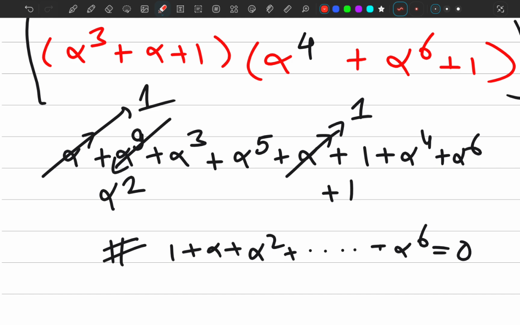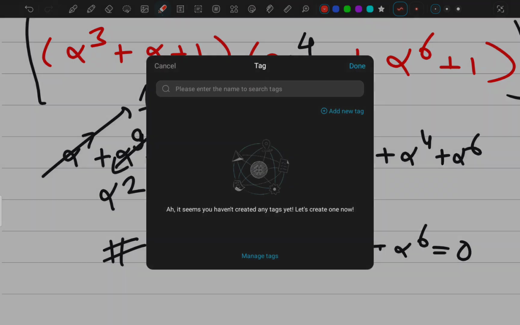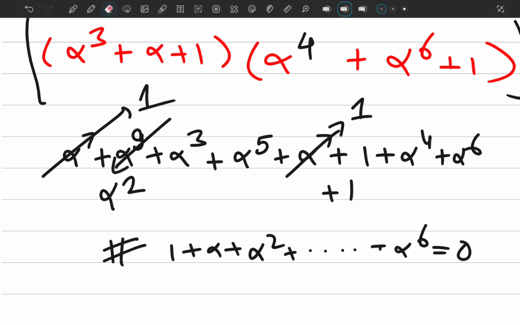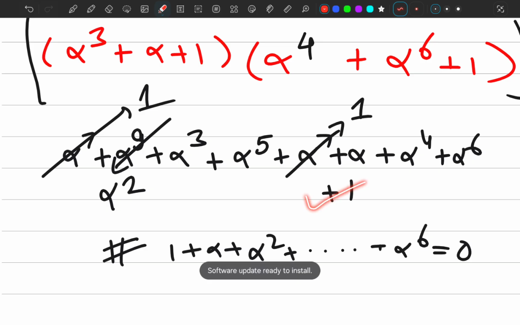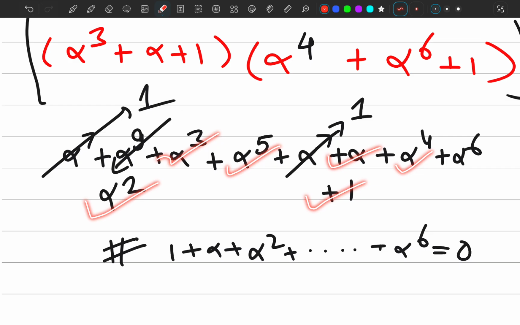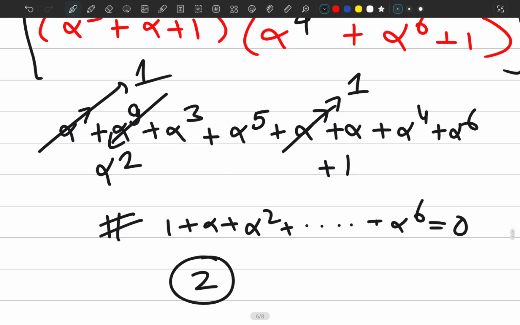Wait, I might have done some mistake, sorry, this would not be 1, this will be alpha. Okay, so we have 1, we have alpha squared, alpha cube, alpha to the power 4, alpha to the power 5, alpha to the power 6, right? This gives us 0, and what remains is this 1, this 1.